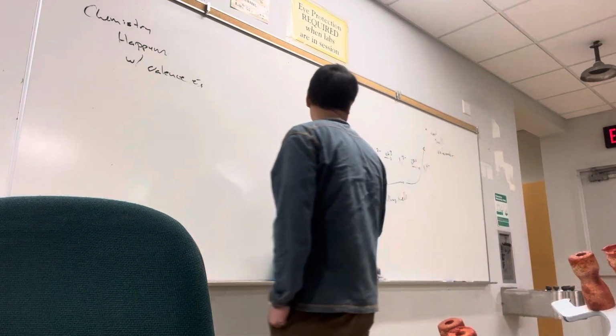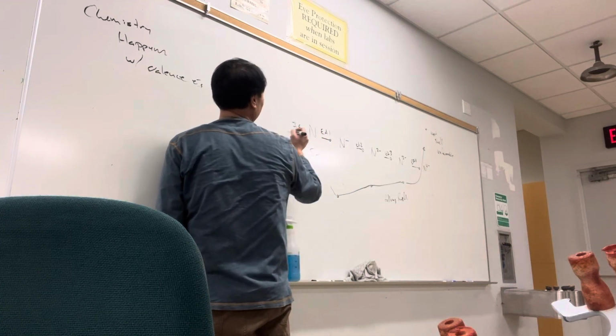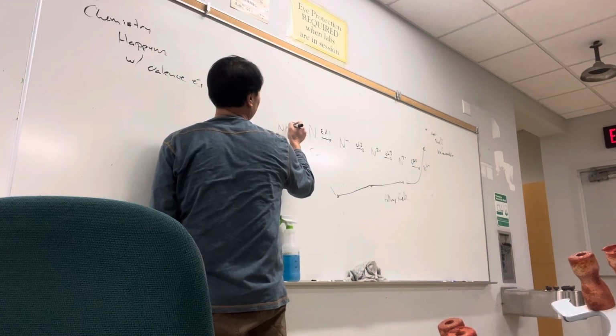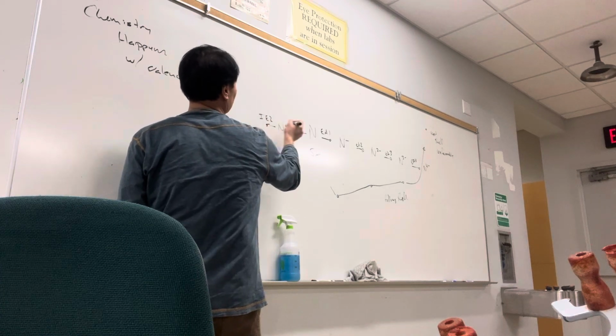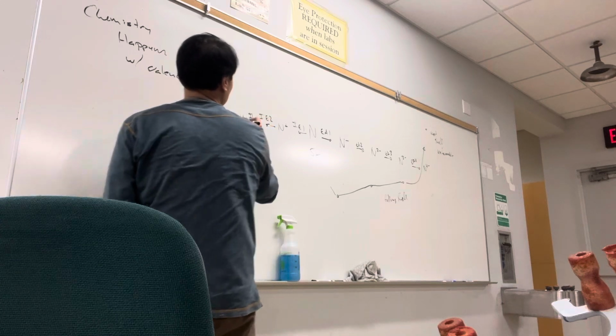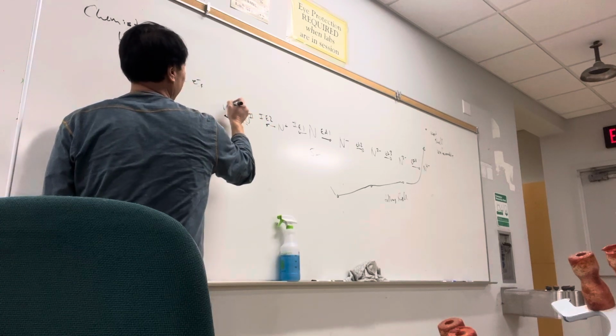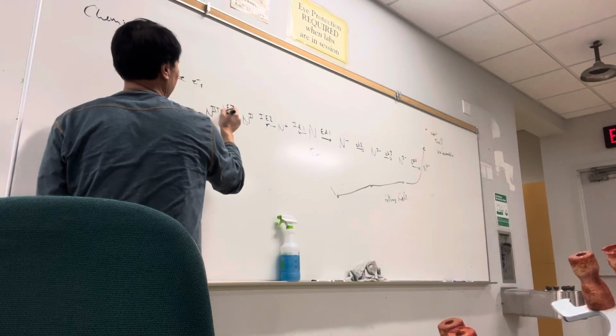Likewise, we can go the opposite way. We could do IE1. IE1 will get us N plus 1. We do IE2. This gives us N2 plus. Then we do IE3, which gives us N3 plus.